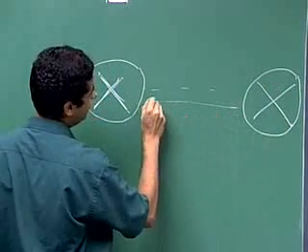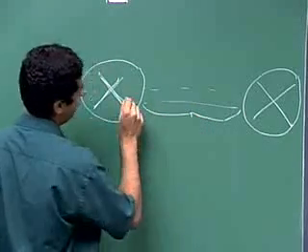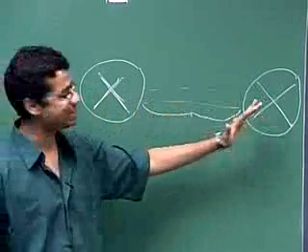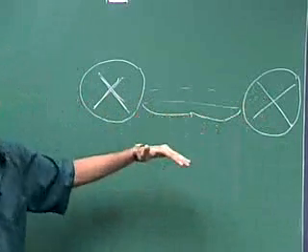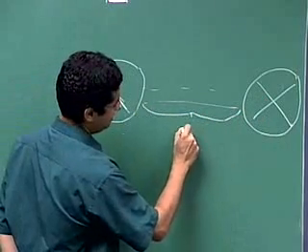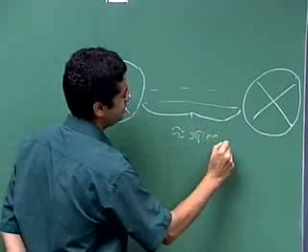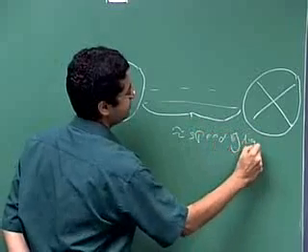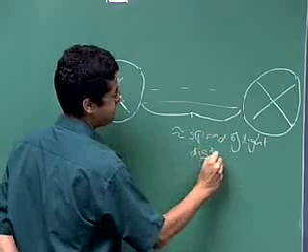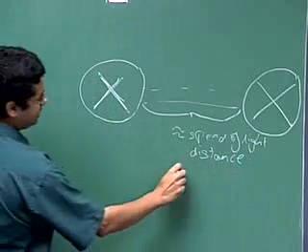Then the delay in transmitting the bits from one router to the other router is the propagation delay, and that depends on the speed of light and the distance. So this is propagation delay.